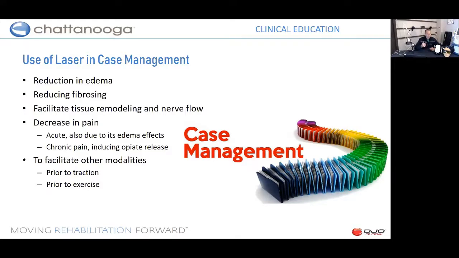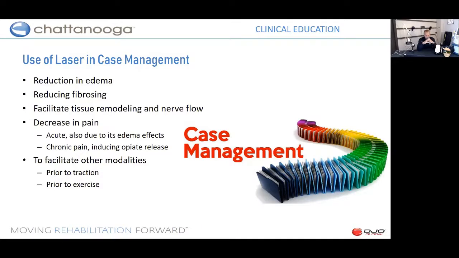So if your goal is to perform deep heating, even a hot moist pack isn't going to do that, because its depth of penetration is very superficial. So we have to go to shortwave diathermy or therapeutic ultrasound. If you want to get a muscle contraction, your only option really is electrotherapy, but you could use either one of those during the acute phase of an injury, for edema, tissue restoration, and things like that.